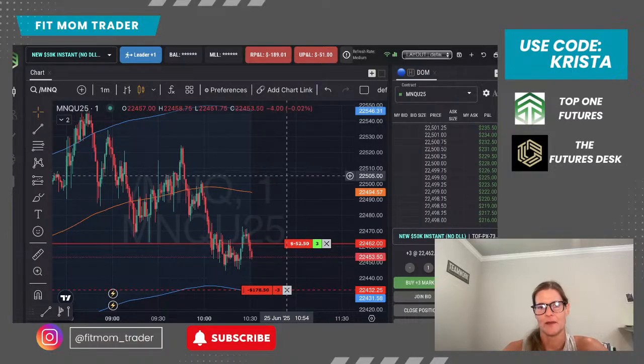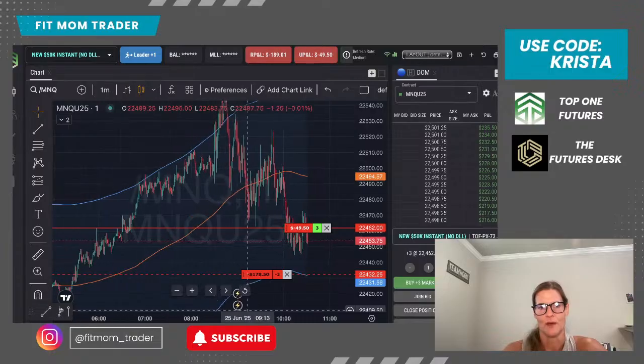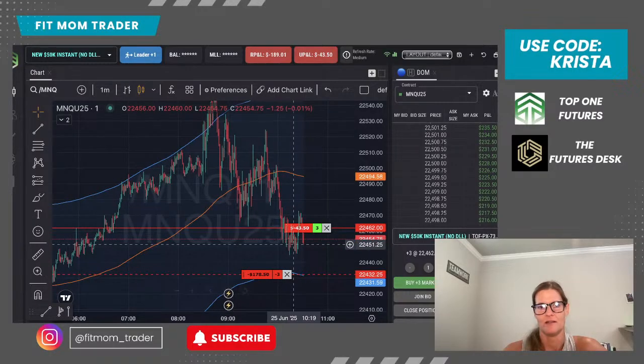Still keeping my stop loss where it is. That way, in case it decides just to come down and grab a little more liquidity before bouncing higher.